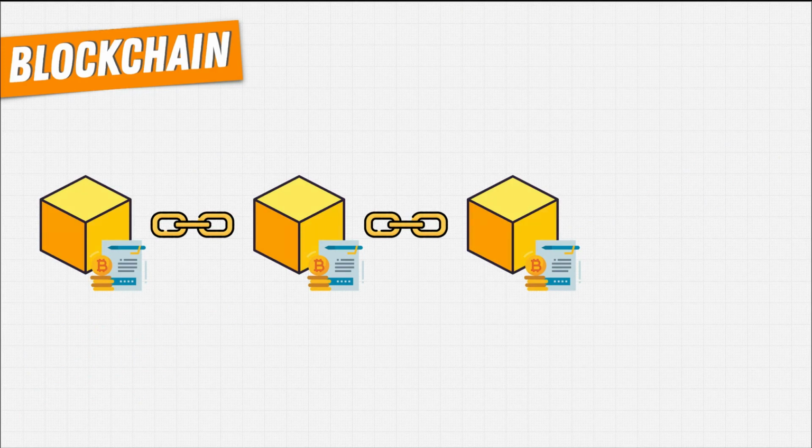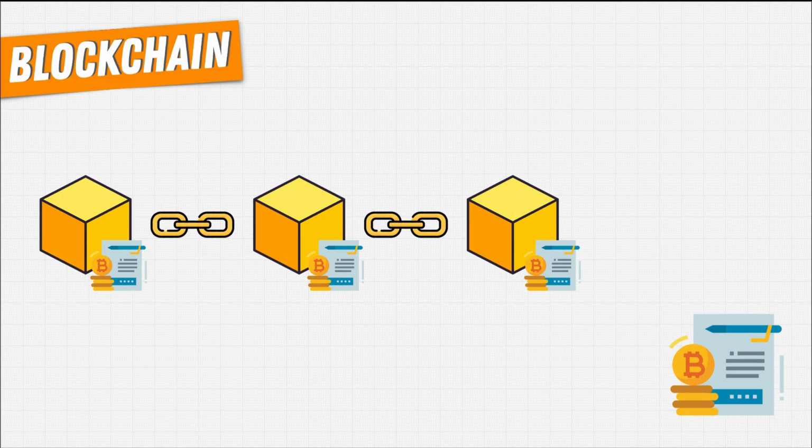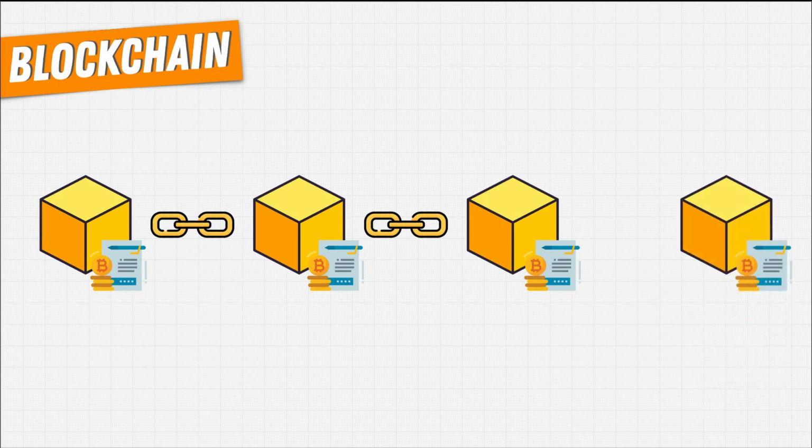When the block is filled up with transactions, those transactions are saved into that new block. Everything is fully verified, and that block is added to the blockchain. Those transactions are now settled forever.